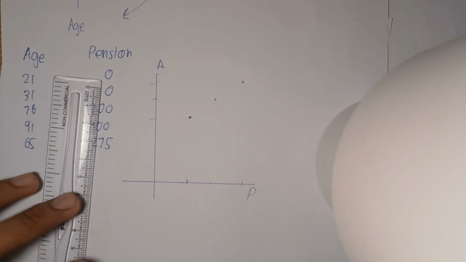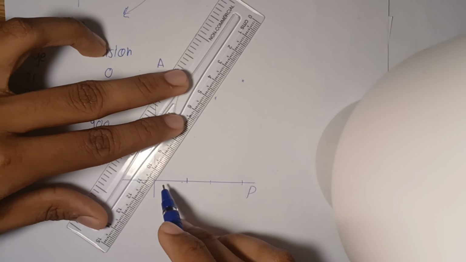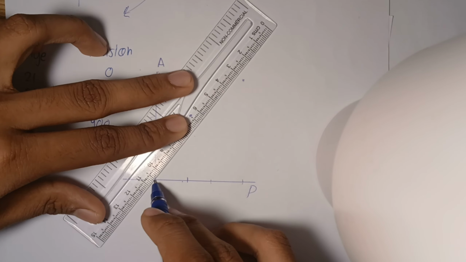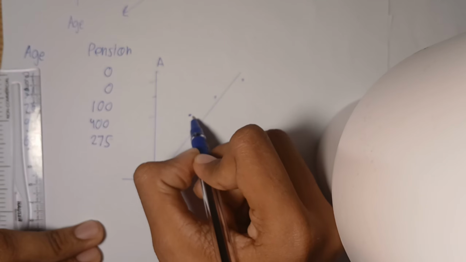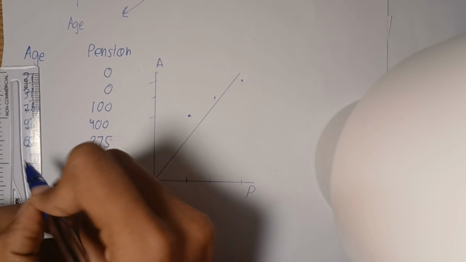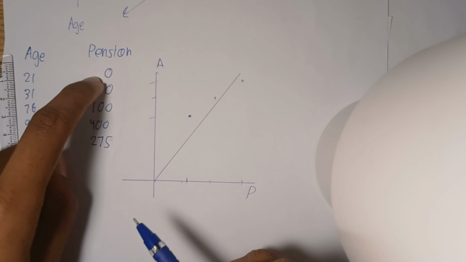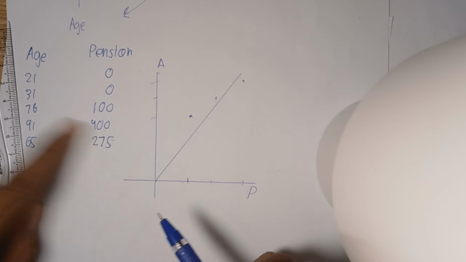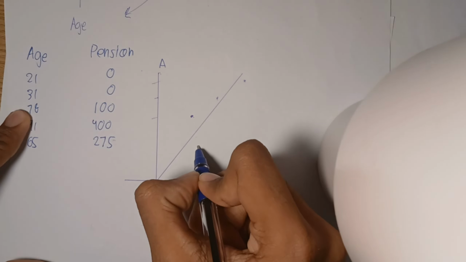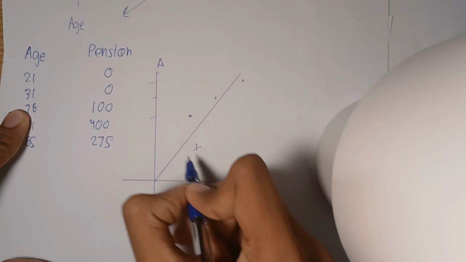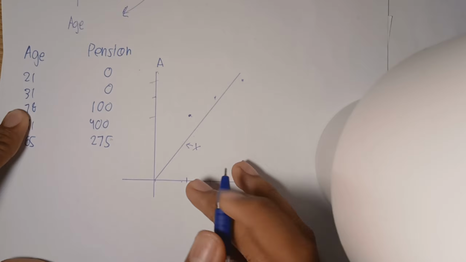But the point of linear regression is to be able to draw a straight line on this graph such that when the model is to predict the pension values for some value of the age, that prediction point should be as close to this line as it can possibly be.